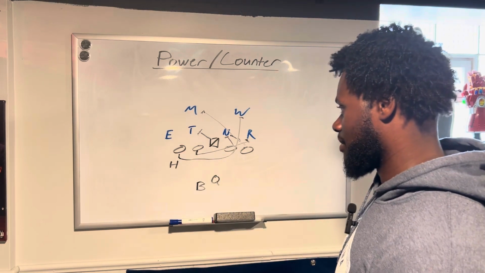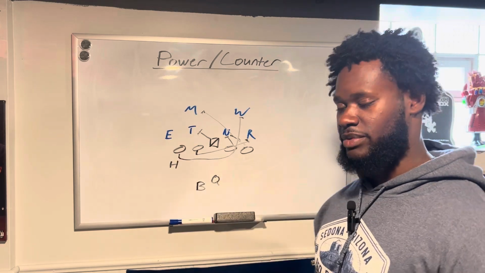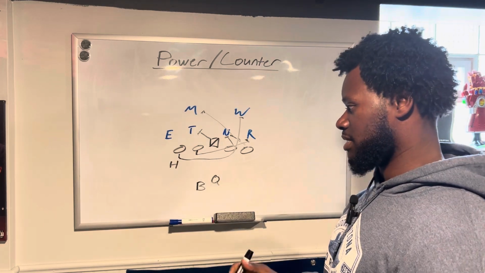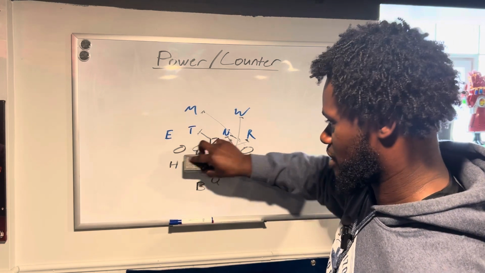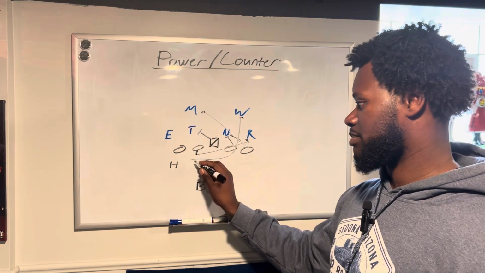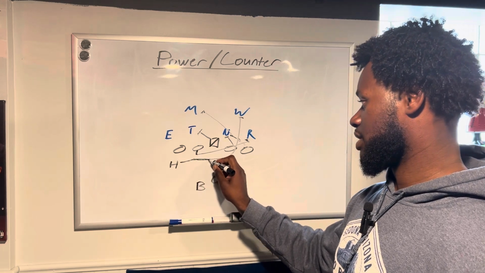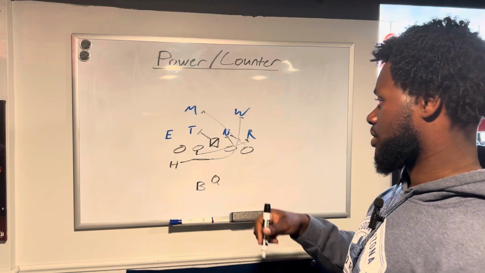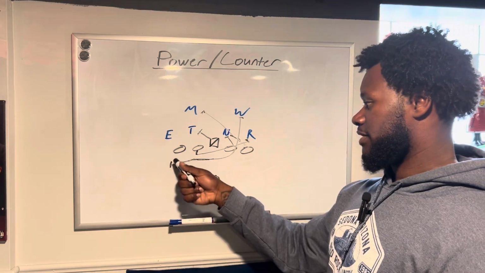So it's usually best to read it. I teach it as a backside read for our quarterbacks when we're running GT. If you're running GH, you're just switching responsibilities. Now your H-back is the one pulling in, inserting, wrapping for your point, your play side linebacker.